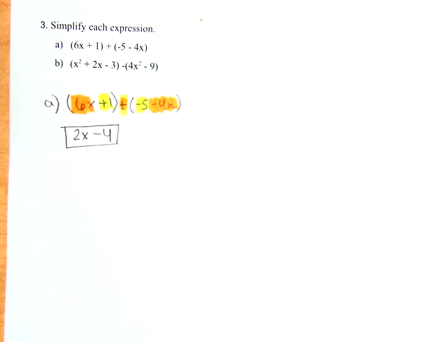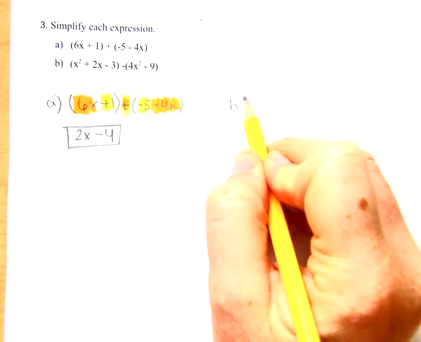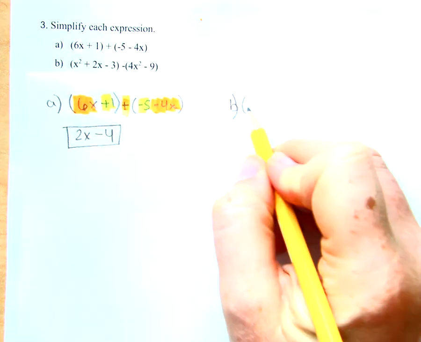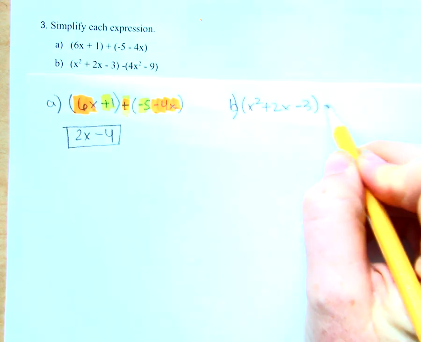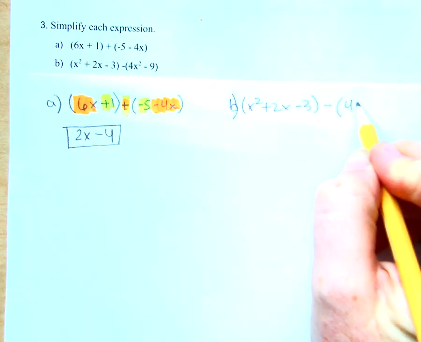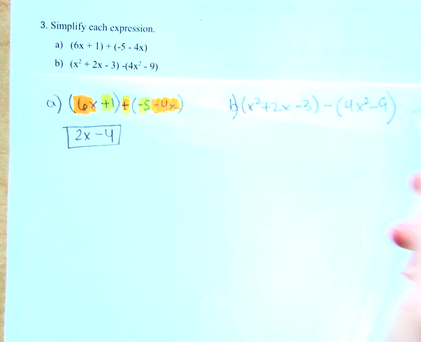Okay, question B. This one, we're subtracting like terms. So we have x squared plus 2x minus 3 minus 4x squared minus 9. This is the one where I said you can just drop the parentheses and change the signs of everything that comes after it.